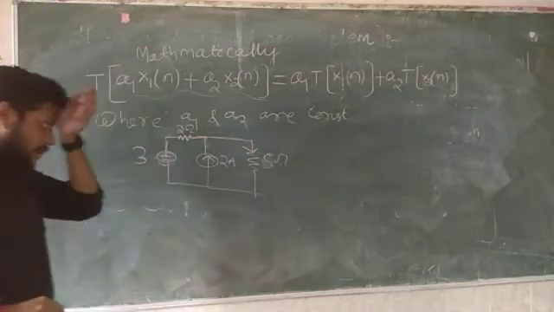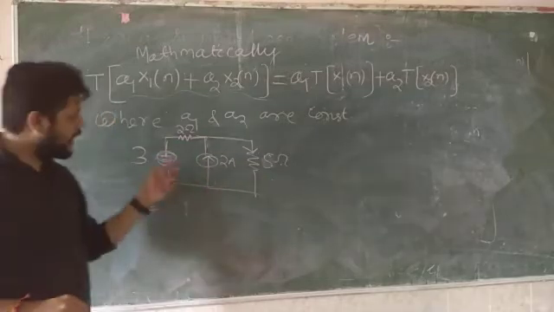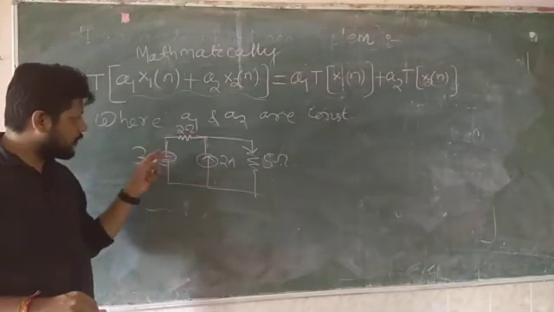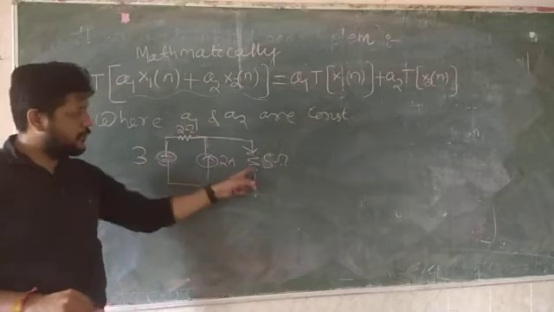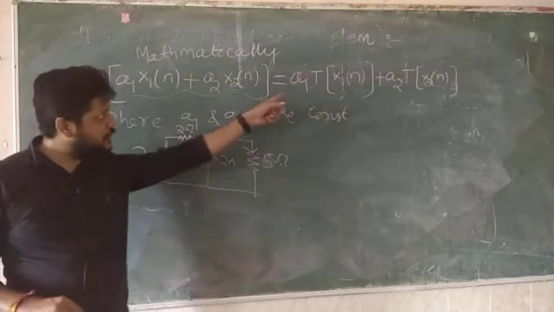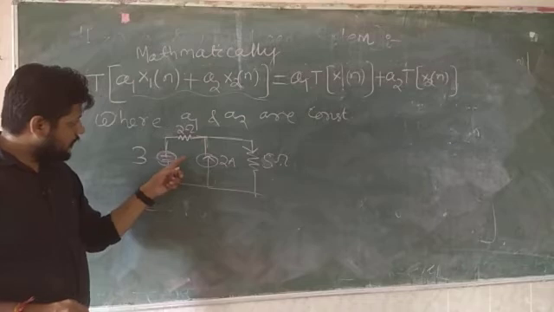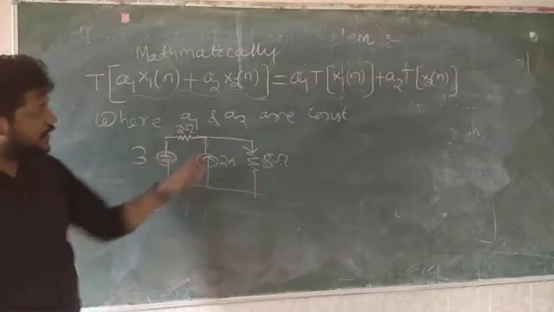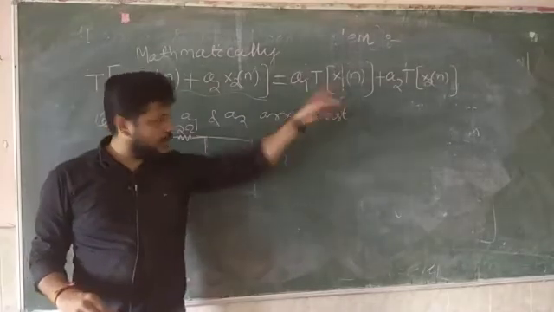Now you can see here, when you apply the superposition principle, what will you do? First you short circuit, for example, when you consider this 3 volt source, and you get the response here. For this 3 volt source you get the response, suppose x1n, and then you consider this 2 ampere source and short circuit this, and you get the response across this 4 ohm, that is your x2n.